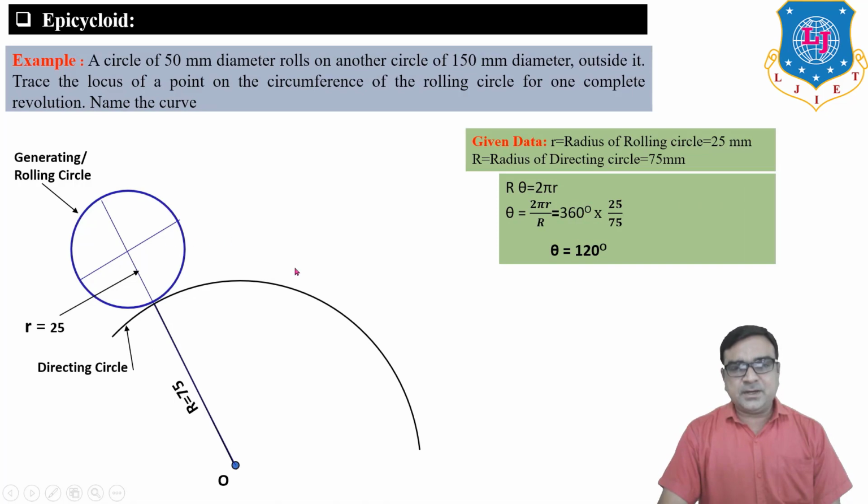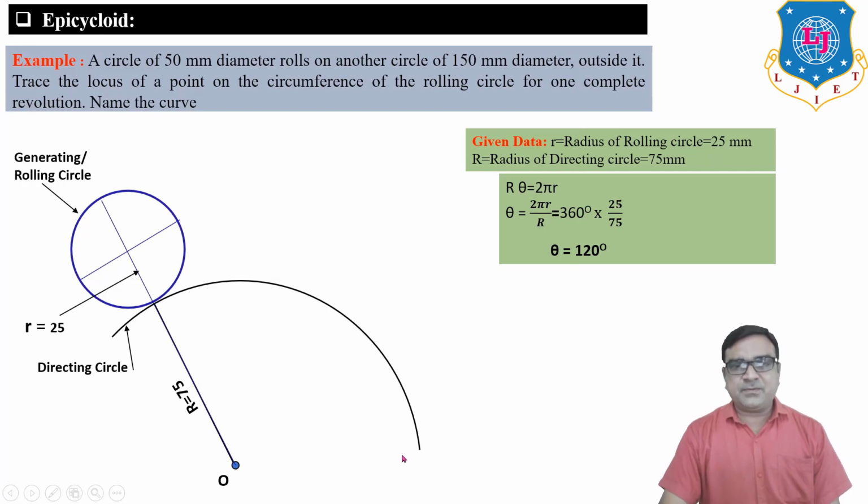So after one revolution, if the position of the circle is here, and if you join that contact point to O, we have to find the angle between these two lines. That angle is theta. How can we find that theta angle?